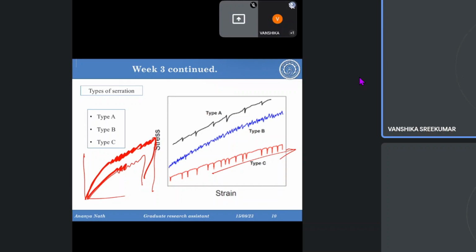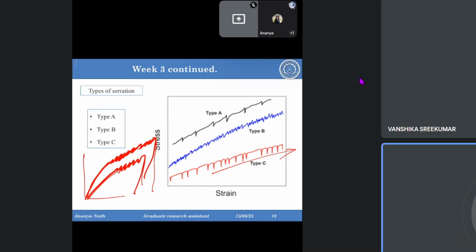But ma'am, when we are talking about strain rate, shouldn't it be higher within that temperature range? What happens is the strain rate range is also not that much.